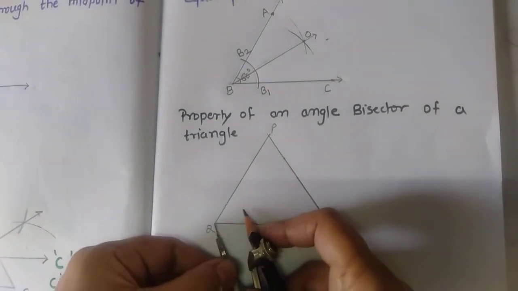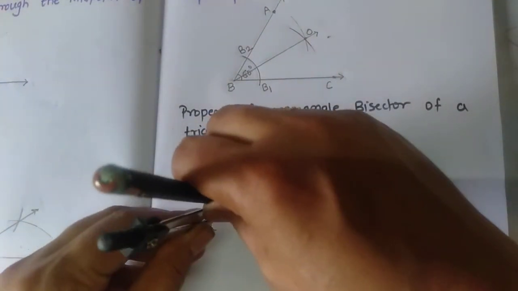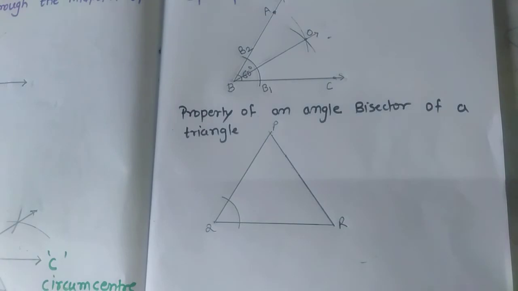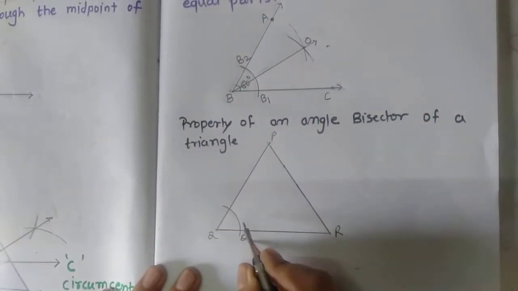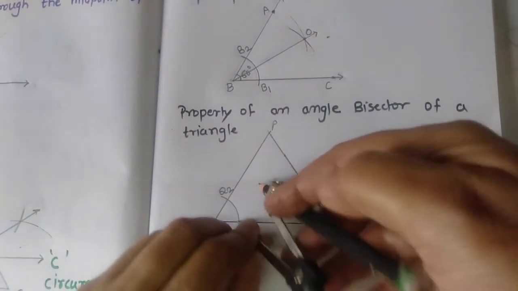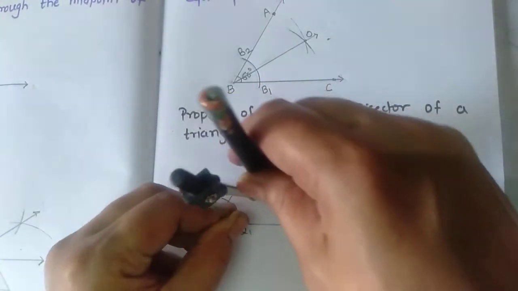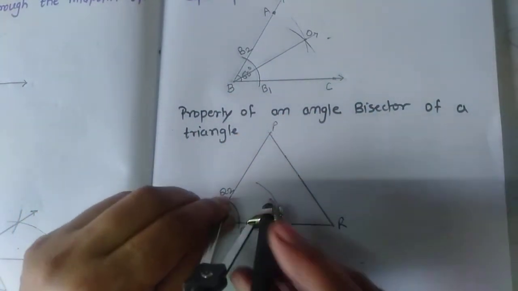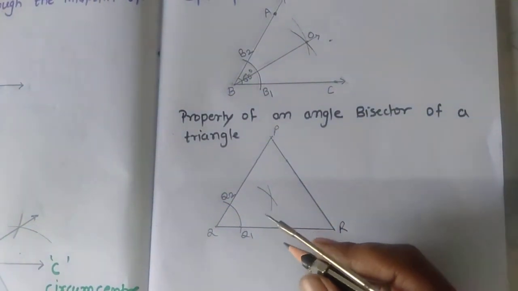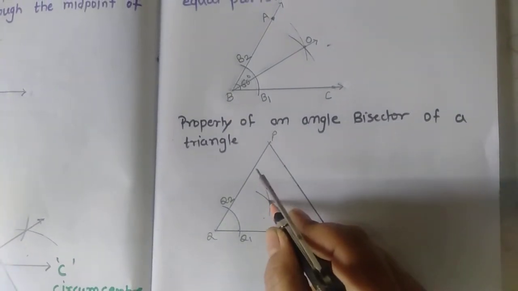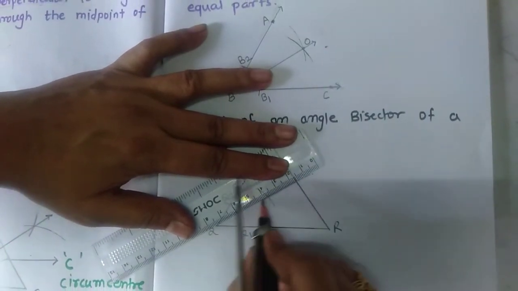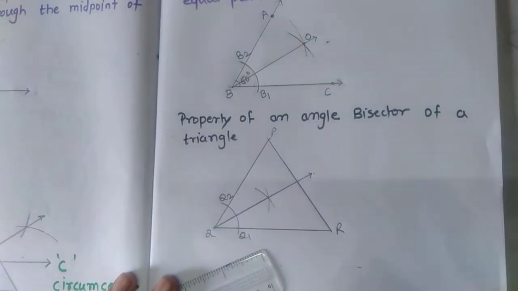Now take the compass and draw the arc of angle Q. Give the labels here, Q1 and Q2. Now draw the arc inside of the triangle from Q1 and Q2 by taking any convenient distance. Then we got the intersection point here. Join this intersection point to the point Q. This is the angle bisector of angle Q.